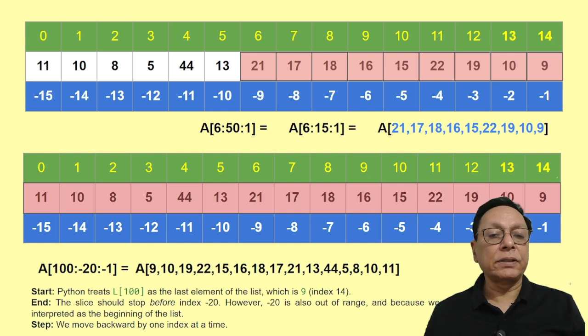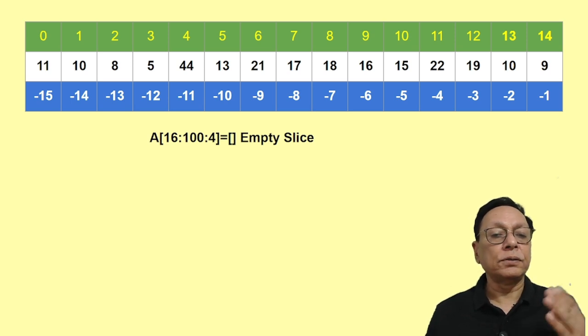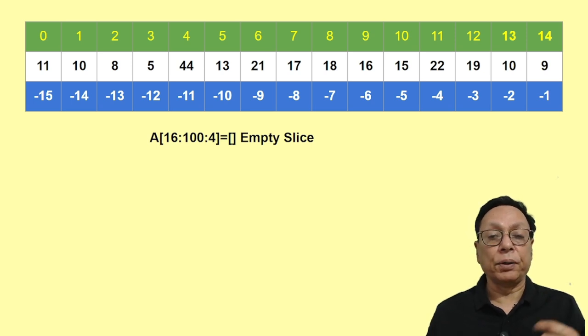Now the next example is, if this kind of situation arises and you see this kind of question in your test, 16 to 200 and step of 4, you'll see neither 16 is available in your list nor 100 is available in your list.